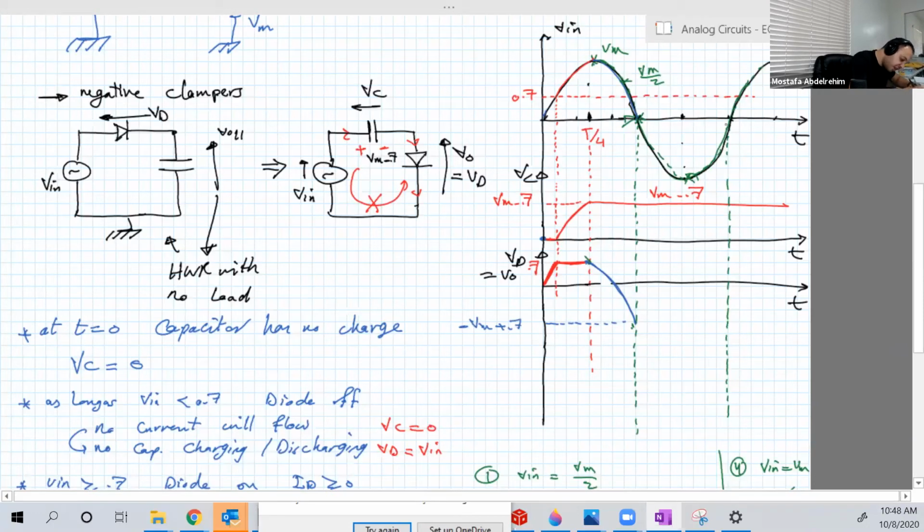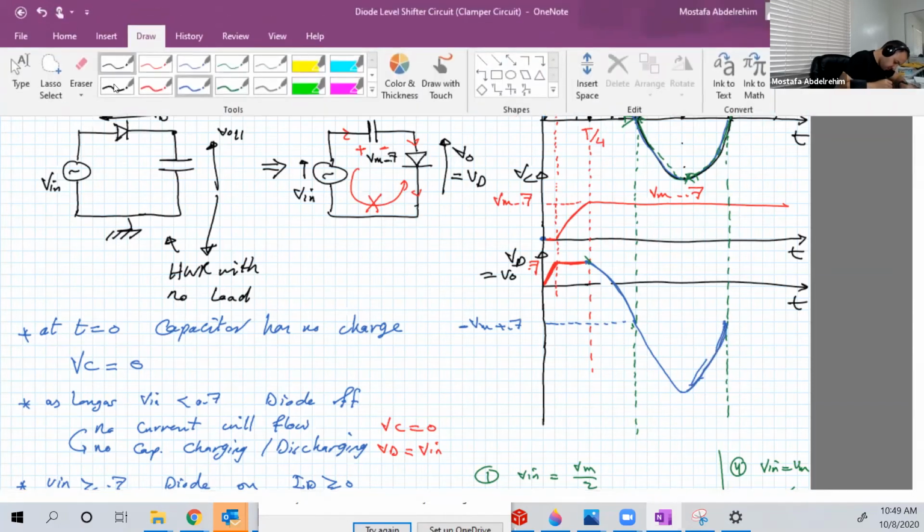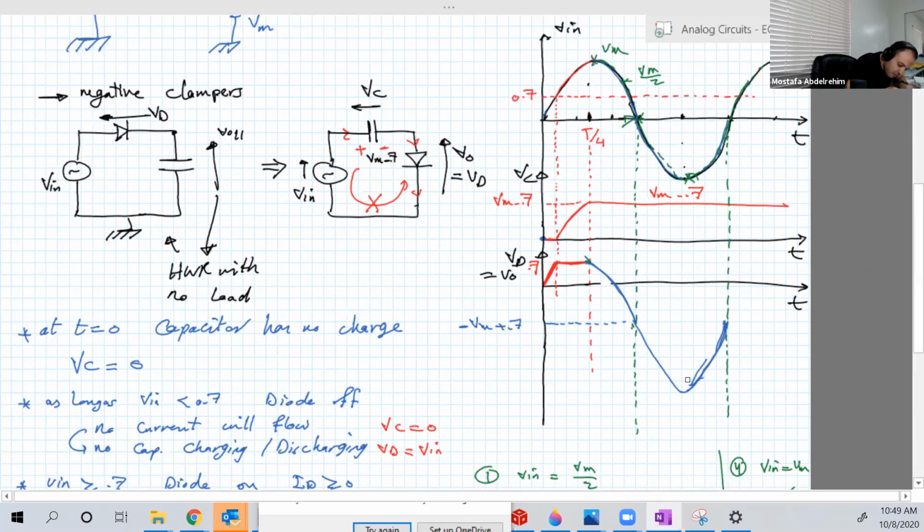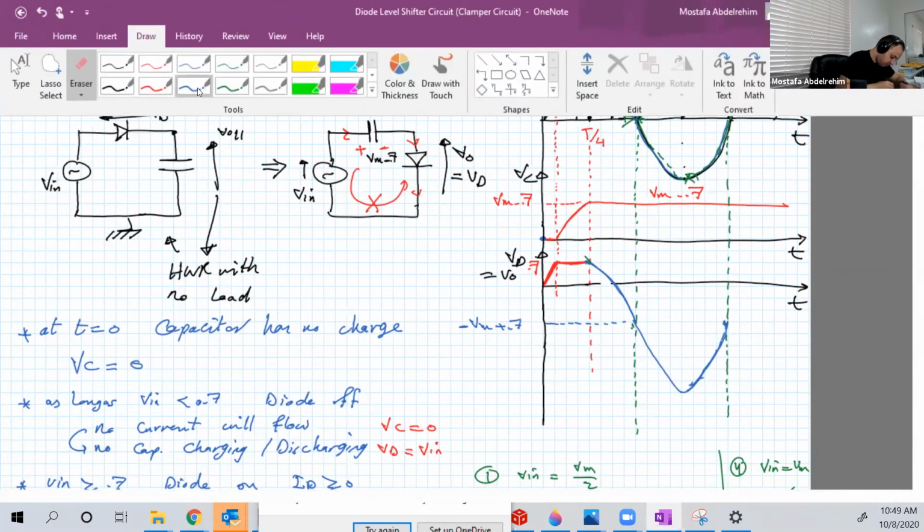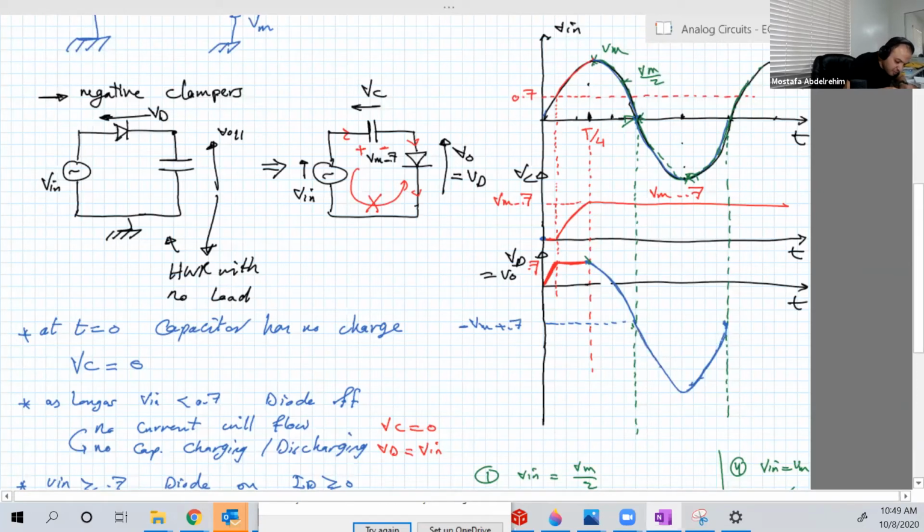Then we have this exact negative half cycle, exactly the same with no change. It is just leveled down, as we said. So this part here is exactly this one.